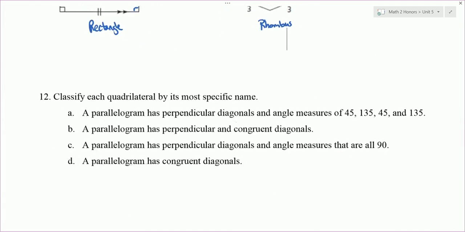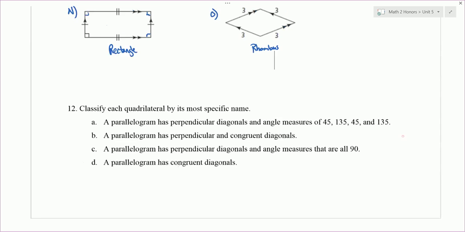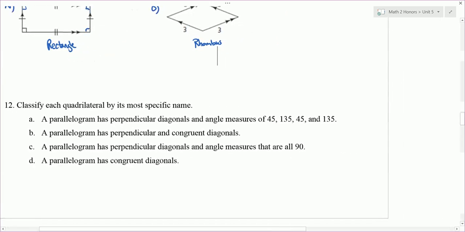Number 12, classify each quadrilateral by its most specific name. So in A we have a parallelogram. So I'm going to draw that. Parallelogram. Has perpendicular diagonals.